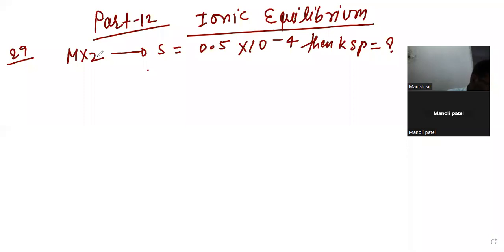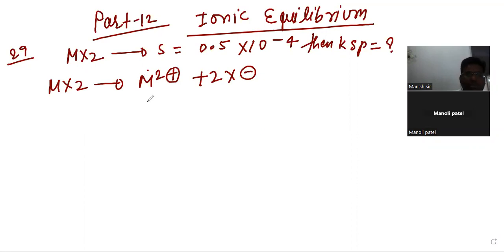Very simple. When MX2 dissociates, it forms M2+ and 2X-. Its solubility will be S and this will be 2S.